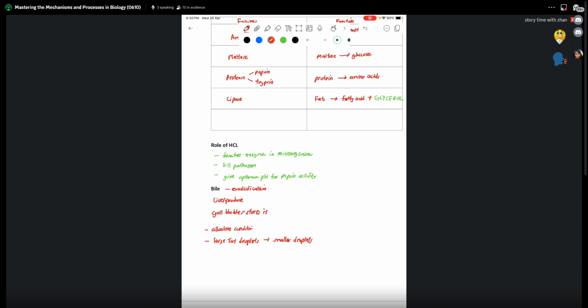Then I ate some medication and still vomited the food and the medication out. Then at some point I started vomiting some yellow liquid. I wondered what that yellow liquid was, and it was in fact the bile. When you vomit out bile, it tastes very bitter. That bitter taste shows that it's alkaline.